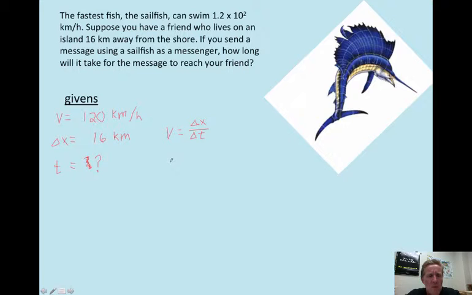So let's just go ahead and do that real quick. So we're going to end up with, what do we have? The velocity is 120 kilometers per hour.